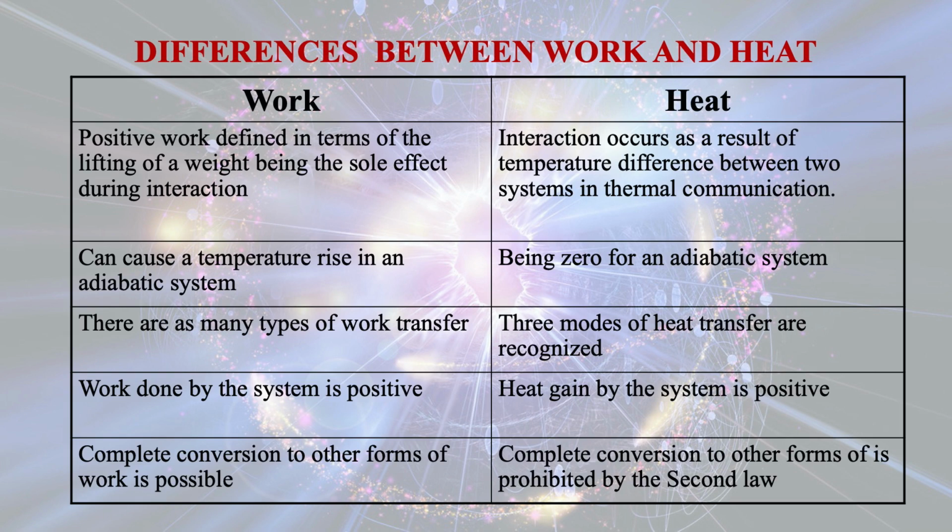Positive work is defined in terms of the lifting of a weight being the sole effect during the interaction. But as far as heat is concerned, the interaction occurs as a result of a temperature difference between two systems in thermal communication. Work can cause a temperature rise in an adiabatic system, but heat is 0 for an adiabatic system, because in an adiabatic system there will be no heat transfer.